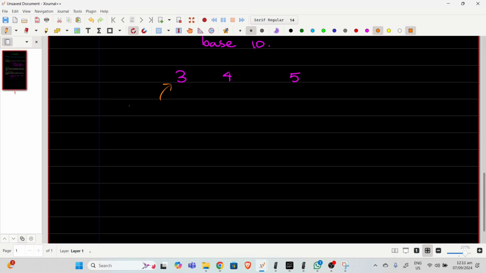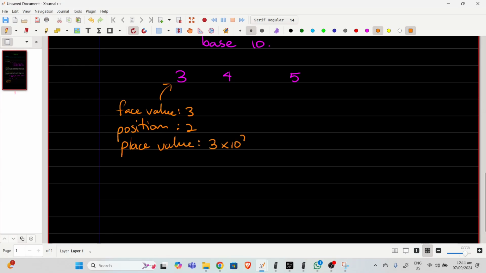This one here has a face value of 3, a position of 2, and a place value of 3 times 10 to the second power, which is equal to 300, right?